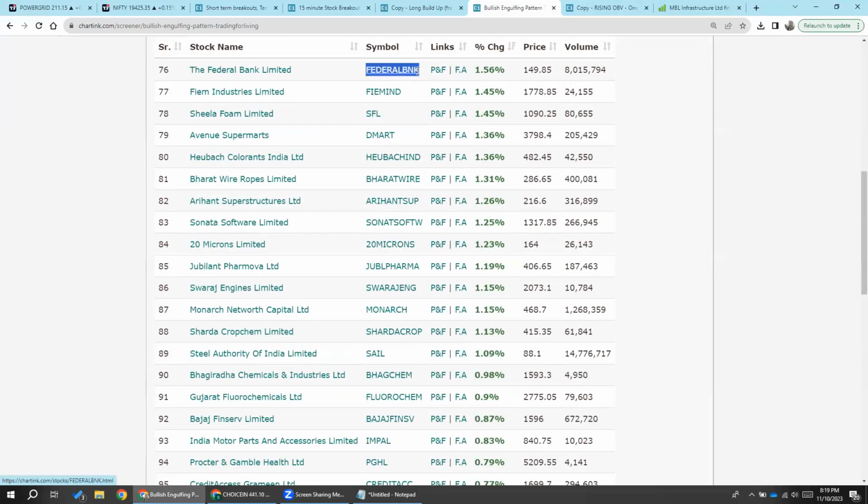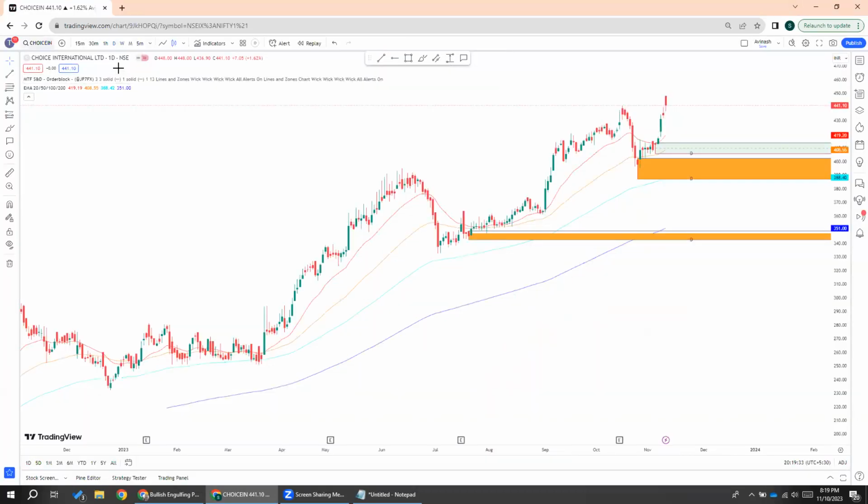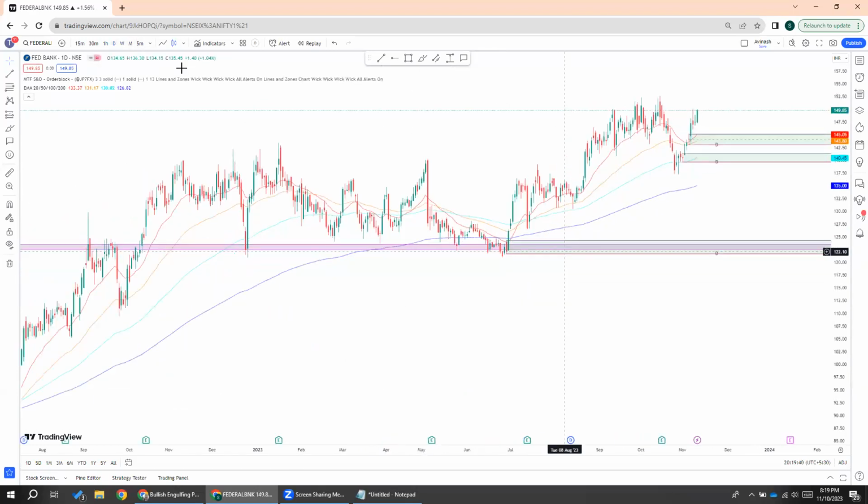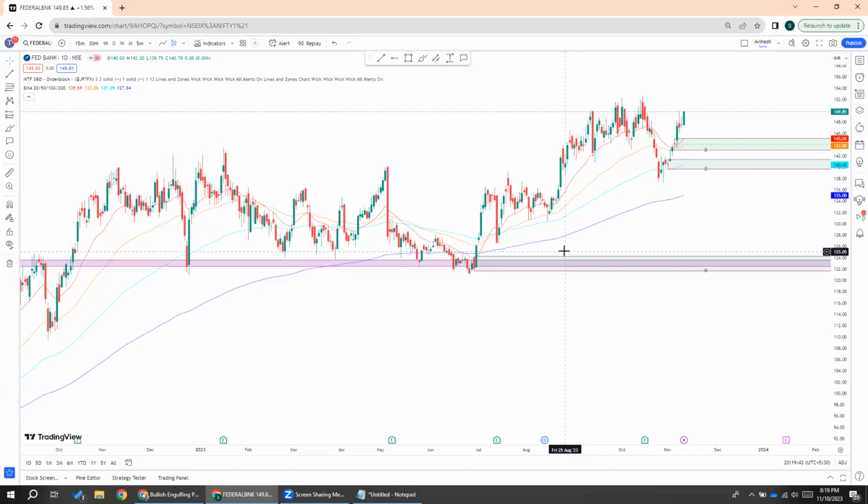Federal Bank. Nice. Yes, stop loss, we can keep it below this candle or this candle. So this looks good stop loss wise.